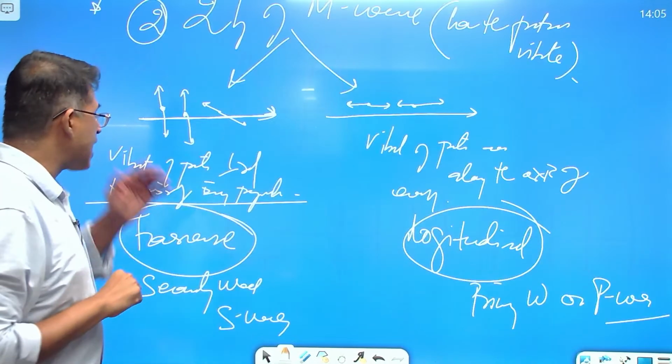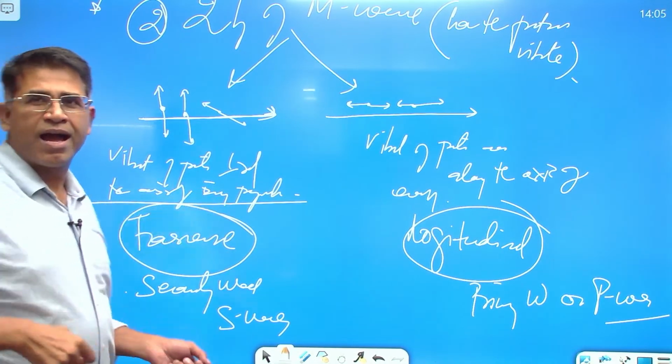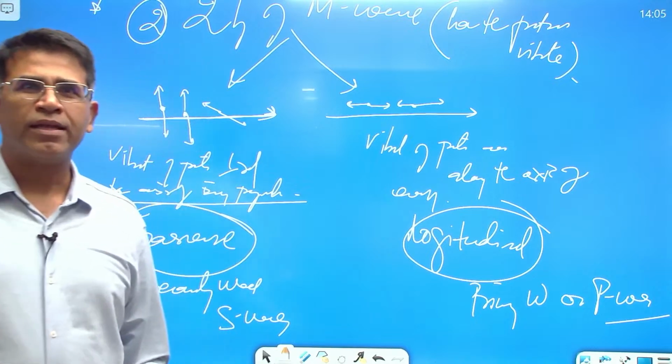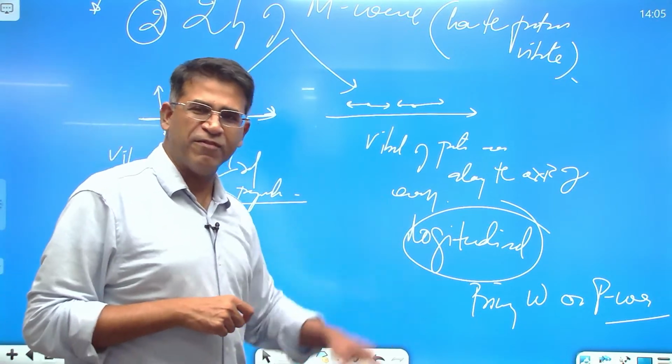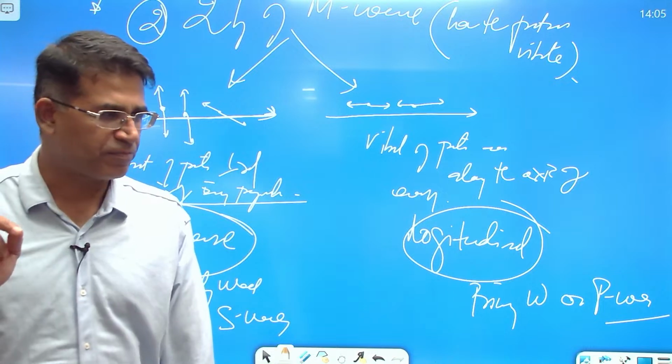Right. So an example of S waves is guitar plucking. The example of primary waves is the sound wave.